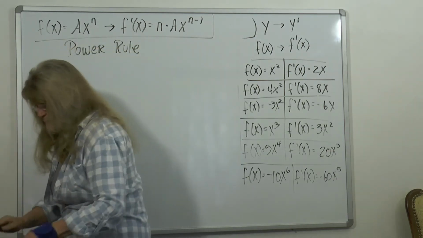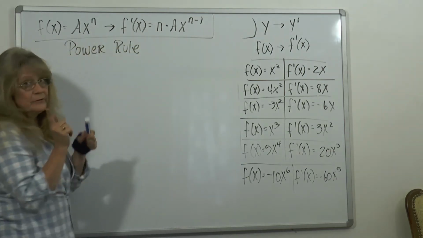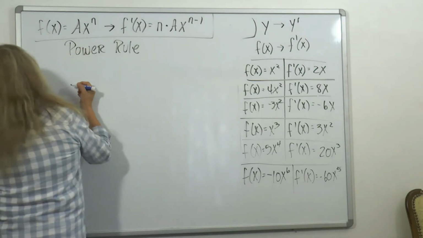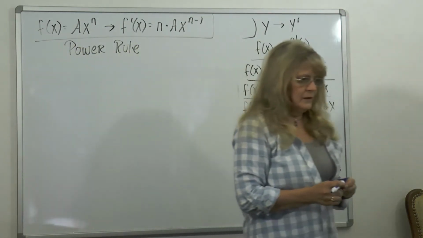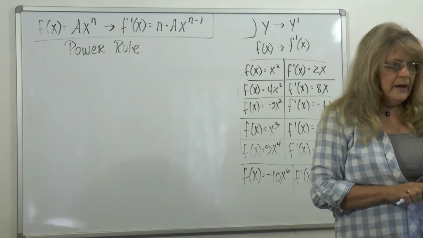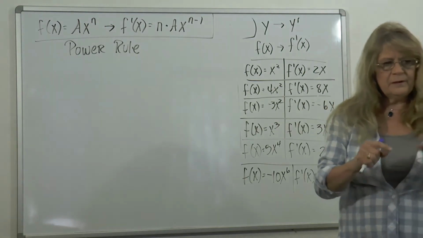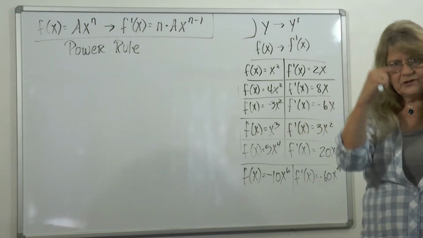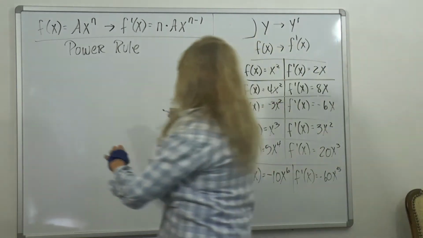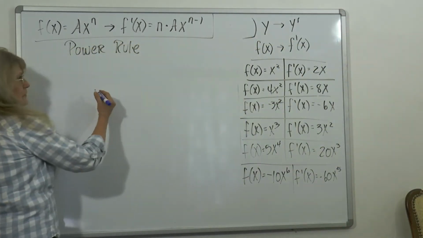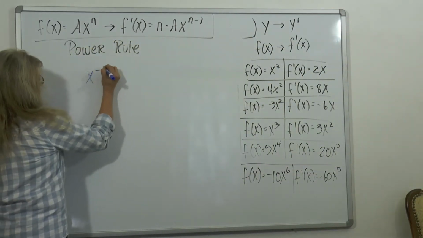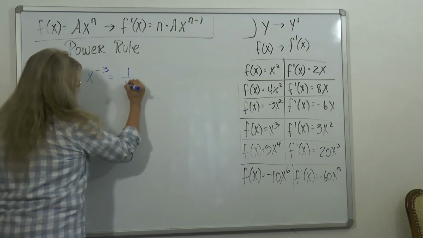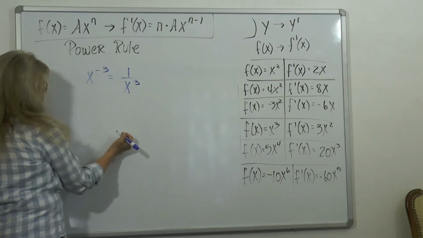Okay. Now, hopefully you also remember this. A negative exponent can be made into a positive exponent by just moving. Okay, so if you have, this is just an algebra little thing, okay? So x to the negative 3, that's the same as 1 over x to the 3rd.